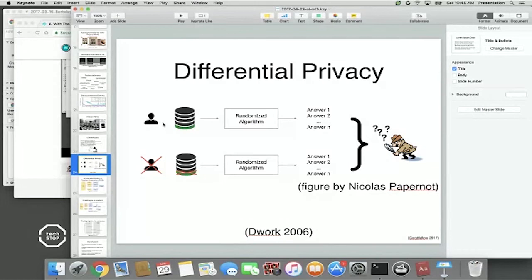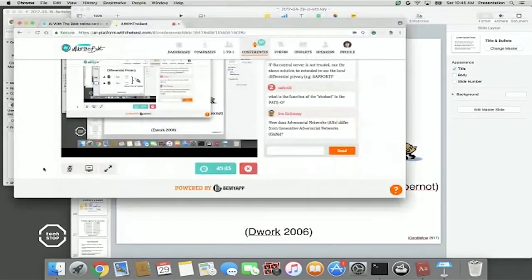The idea of differential privacy is to make it so that the learning algorithm produces more or less the same result, whether or not any individual person is in the training set. That way we've guaranteed that it's extracting general patterns rather than memorizing features of an individual record.